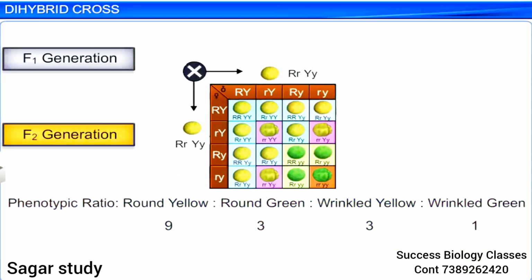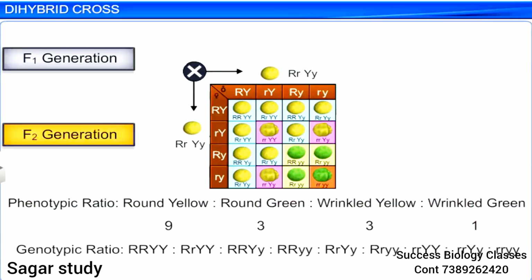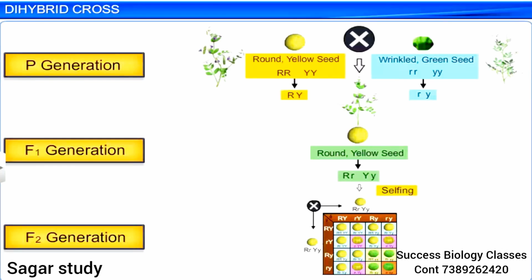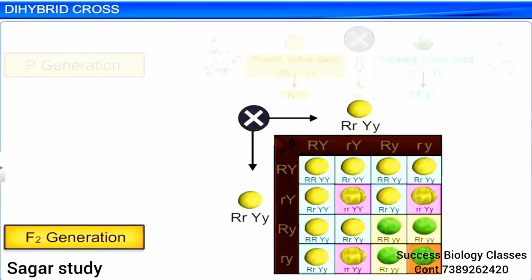However, 9 different genotypes result from the F2 hybrid, and the genotypic ratio is 1:2:1:2:4:2:1:2:1. Thus, from the dihybrid cross experiment, Mendel found that the gene combination of the progeny differs from the parental gene combination.